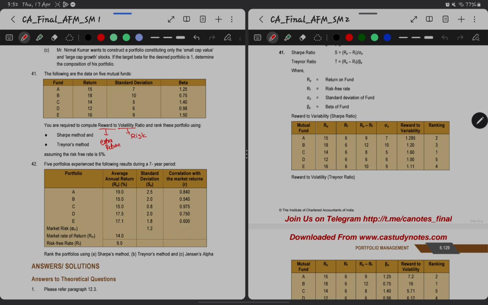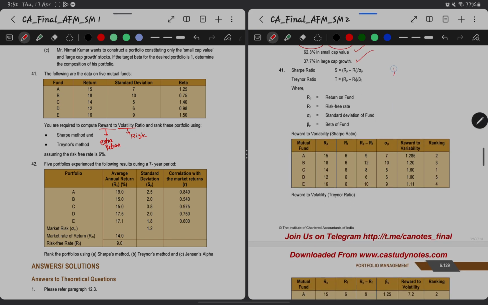Now they are asking us to rank these portfolios using Sharpe method and Treynor's method. Treynor's method gives us the per unit risk return of a portfolio, the extra return of a portfolio. As we can see in the formula itself, the return of portfolio minus the risk free return will give us the extra return which we are earning over and above the risk free return.